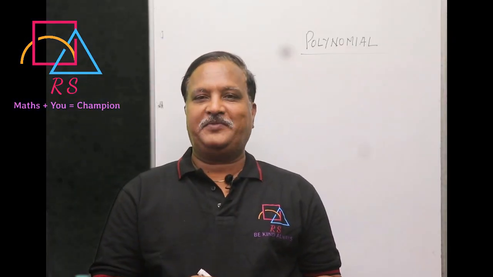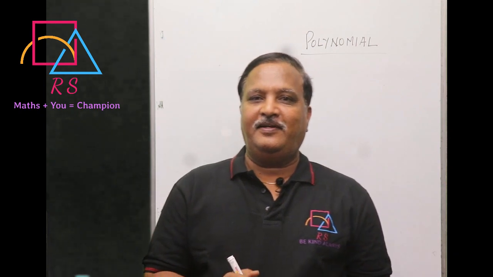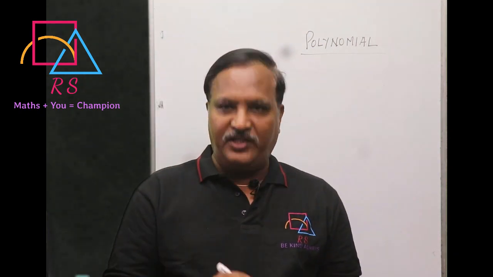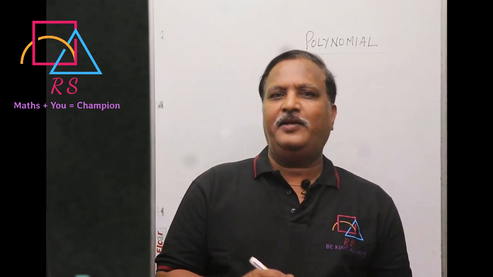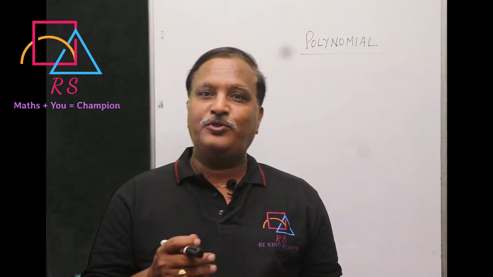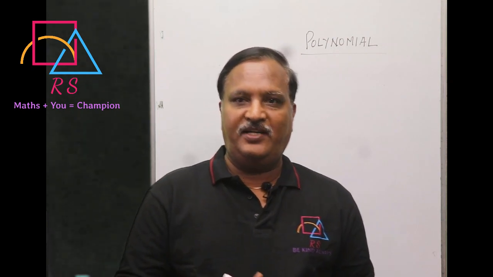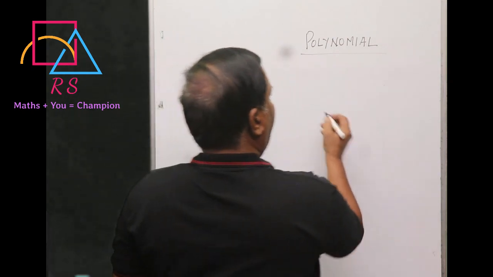In this video, I wanted to explain how to write a given algebraic expression in standard form. You can also say how to write a polynomial in standard form. Very simple.